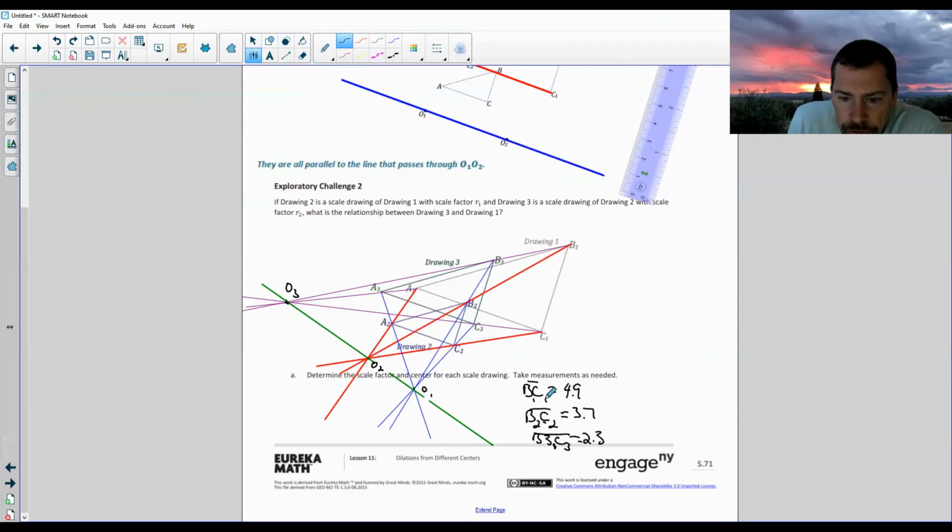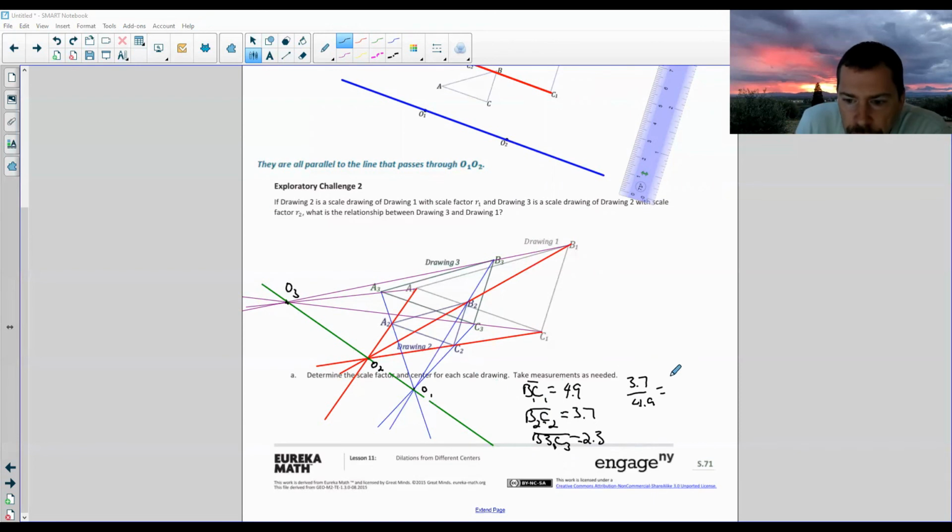All right, so the original drawing was 4.9, and we scaled it down to drawing 2. So that's B sub 2, B sub 3, C sub 2. So what we would do is take the ratio of 3.7 over 4.9, and that equals 3.7 divided by 4.9 equals 0.755.